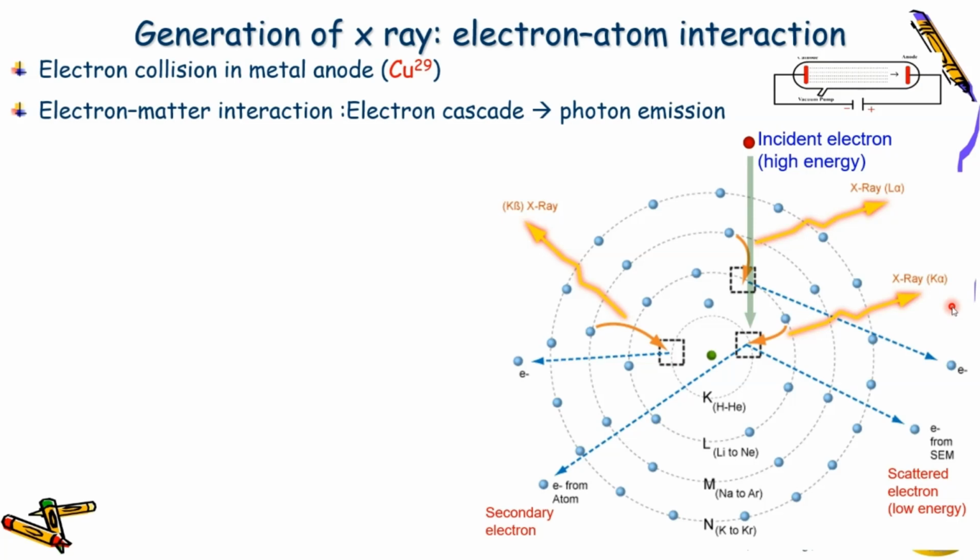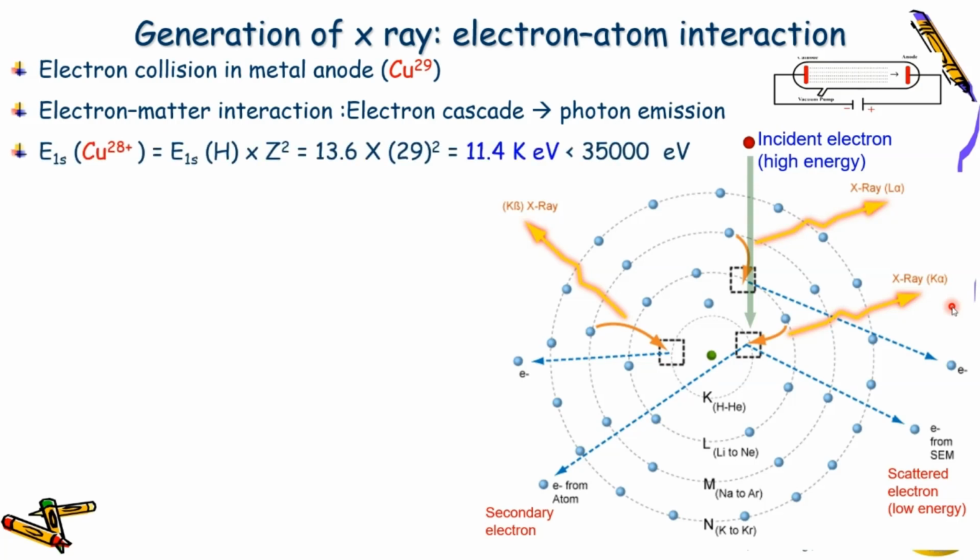Okay, this is how we generate X-ray. For example, copper 1s, right? This is the 1s orbital. If you take out all the other electrons and use the Bohr model to calculate the energy, this energy is only 11.4 keV, which is much less than the energy of the X-ray.